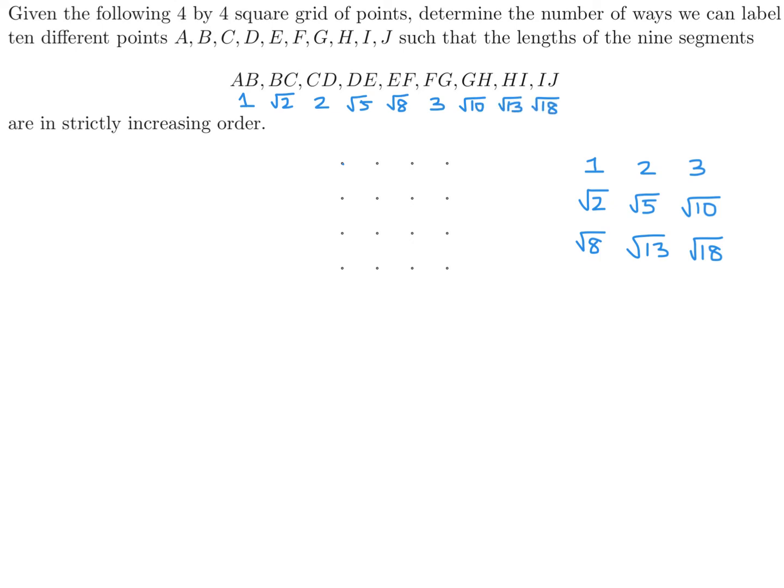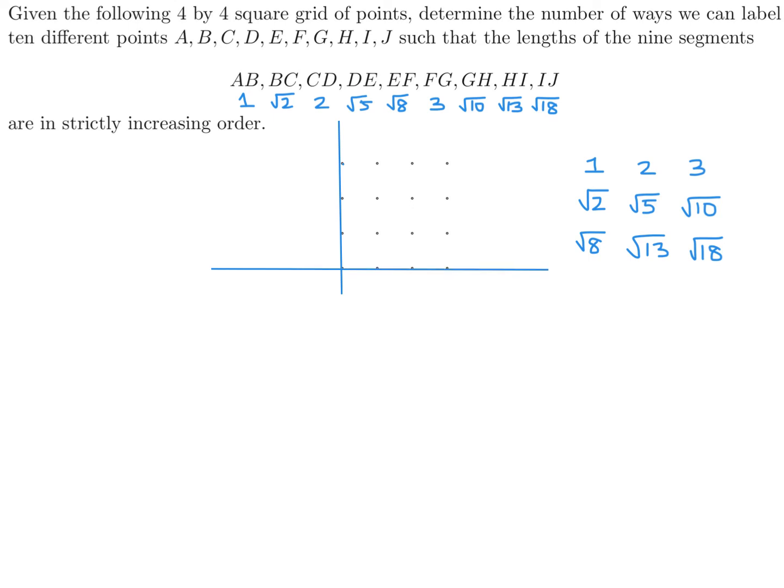Okay. All right, so now that we've done that, we have to start assigning them. So let me just put this on an XY axis, and I think that will be a little bit helpful. So there we go.